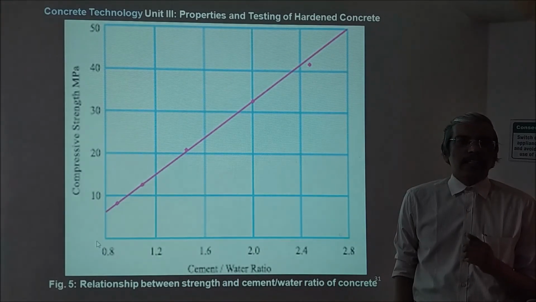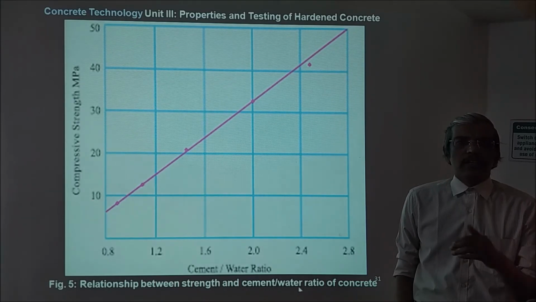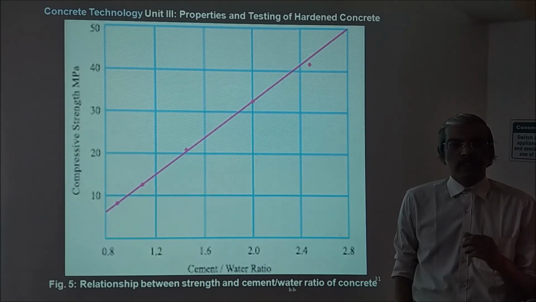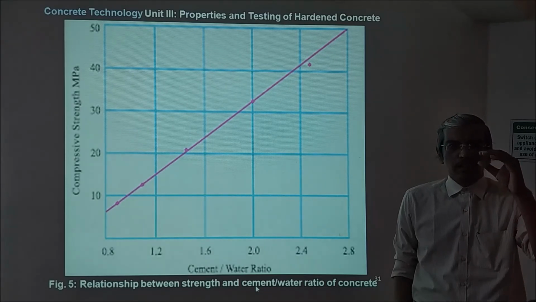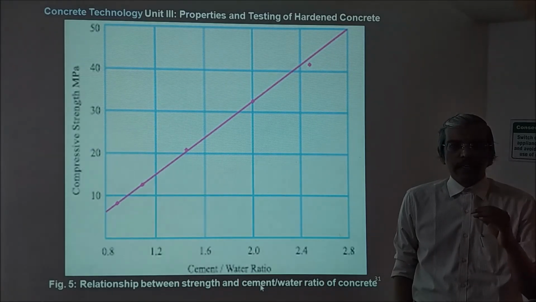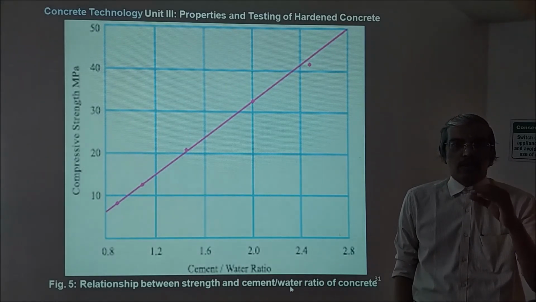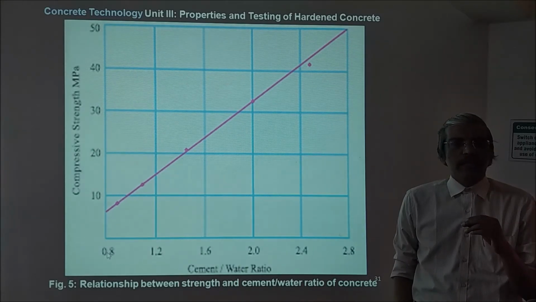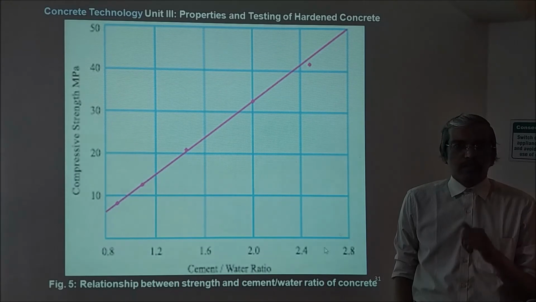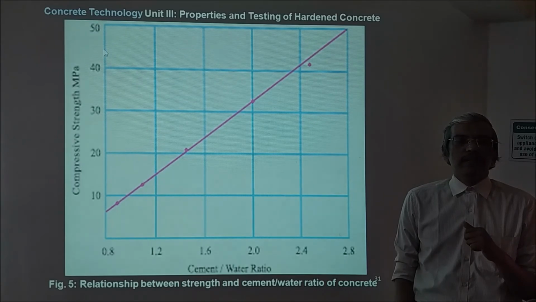Here in another graph we will see the relationship between the strength of the concrete and the cement water ratio of the concrete. Now here in the numerator the cement will be there and in the denominator water will be there. On the horizontal axis we can see the cement water ratio, and on vertical axis we can see the compressive strength in megapascal or Newton per millimeter square.